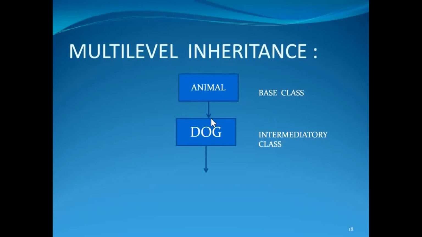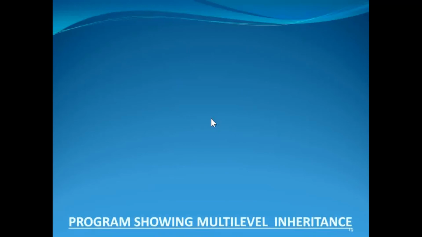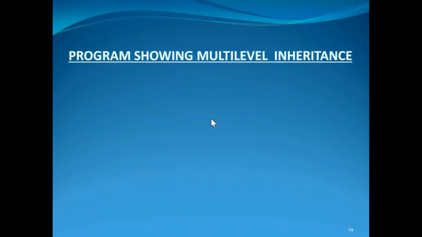Again, Dog acts like a parent class to the class Puppy, which is a derived class. Now, let me explain this with the help of a program.